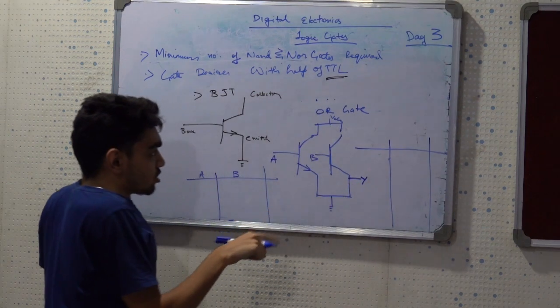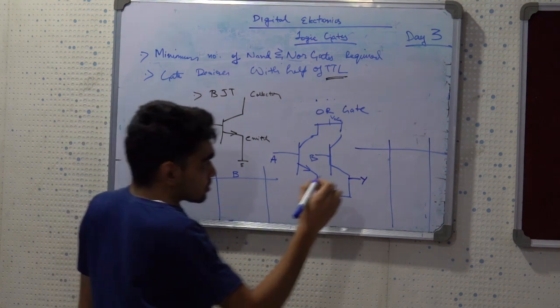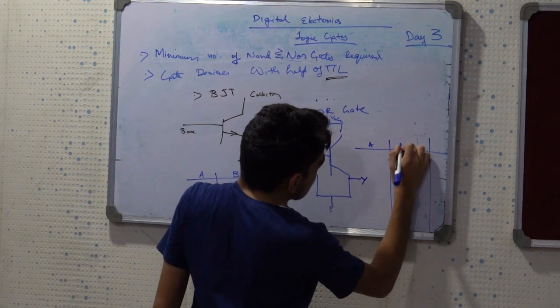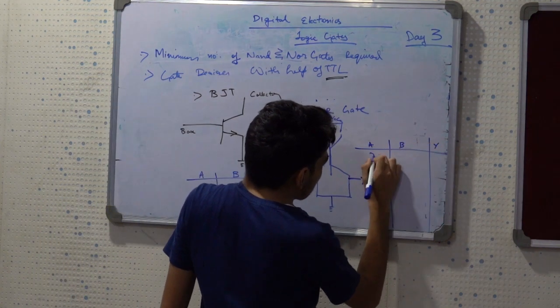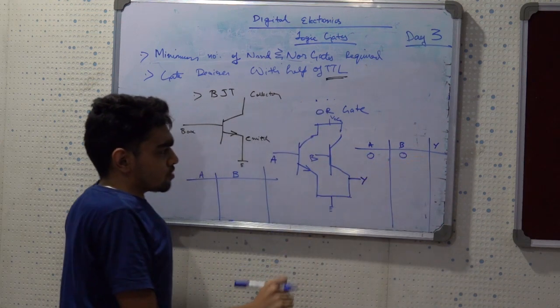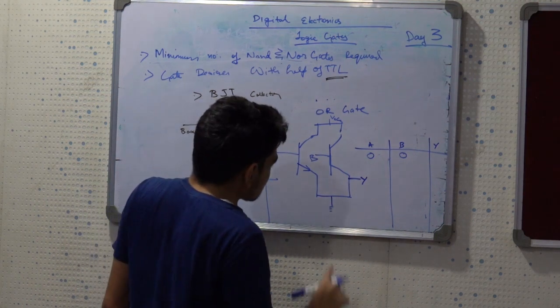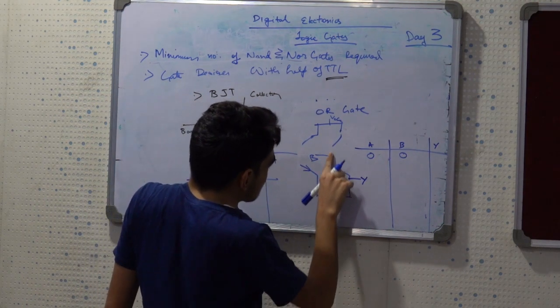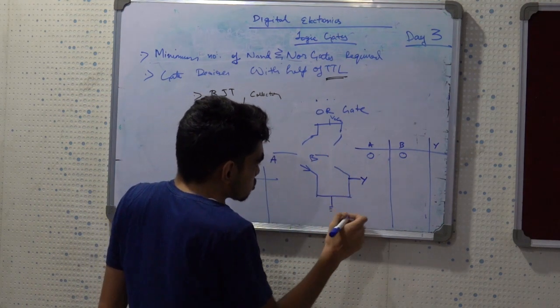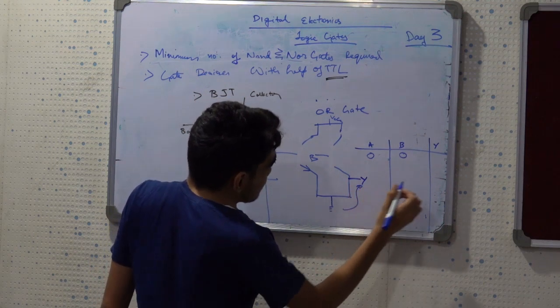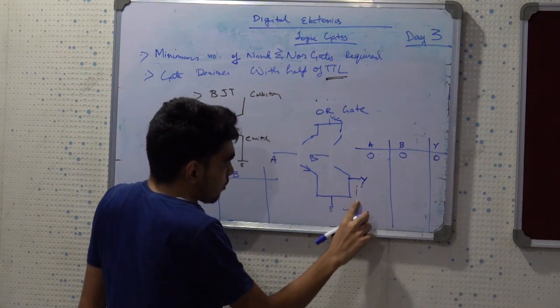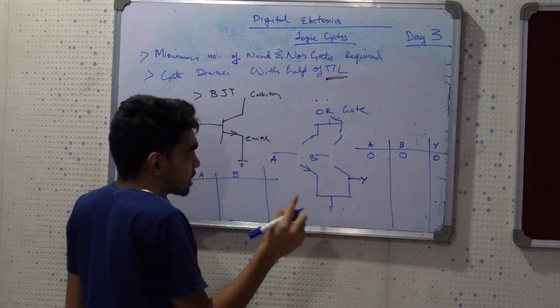This is the design of a TTL OR gate. So let me consider both A and B are low. Whenever both A and B are low, both transistors become open circuited, and as both become open circuited, the Y will be tending to low, or tending to 0.